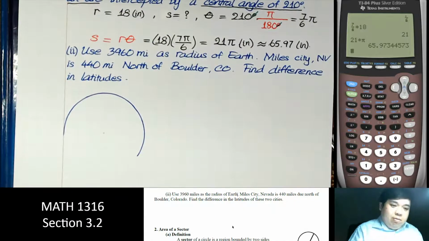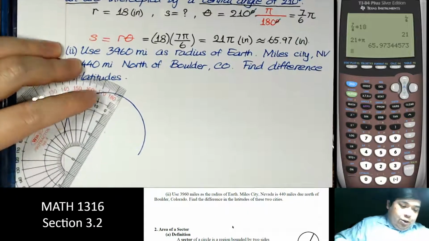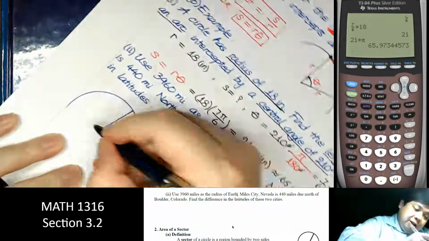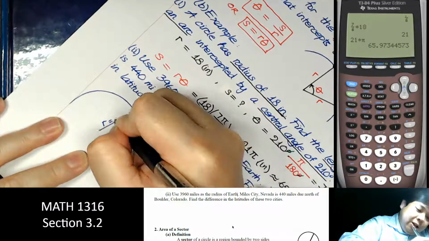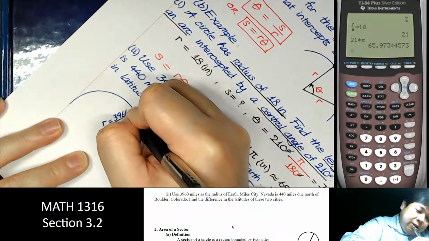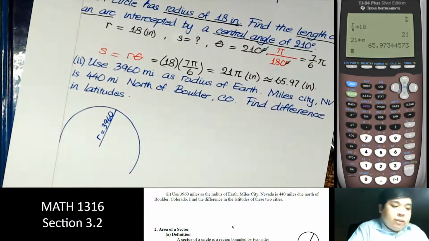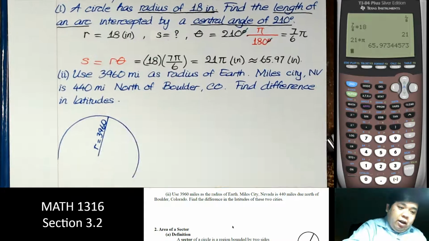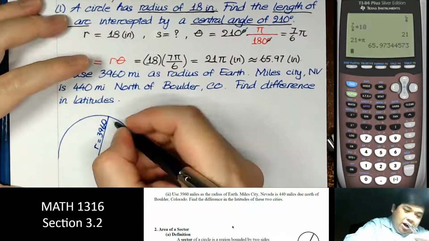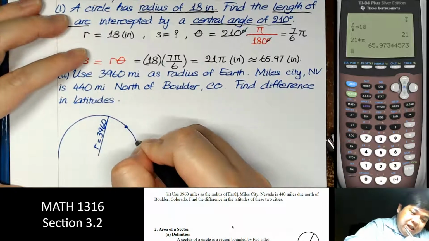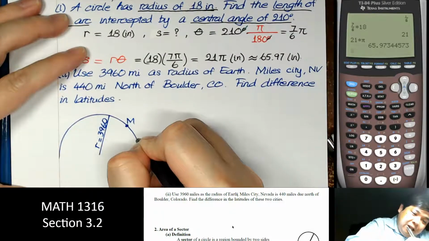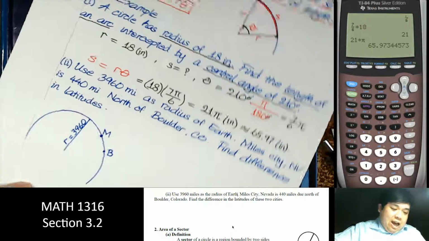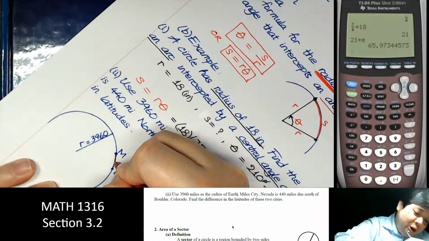Right, so we know the radius of the Earth, 3960. By the way, this is a kind of cross section, with the Nevada city and then Boulder. Actually, since they are north of each other, I'm doing the cross section of the Earth.